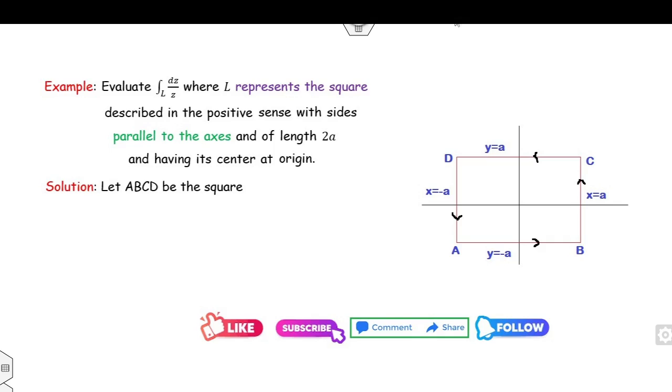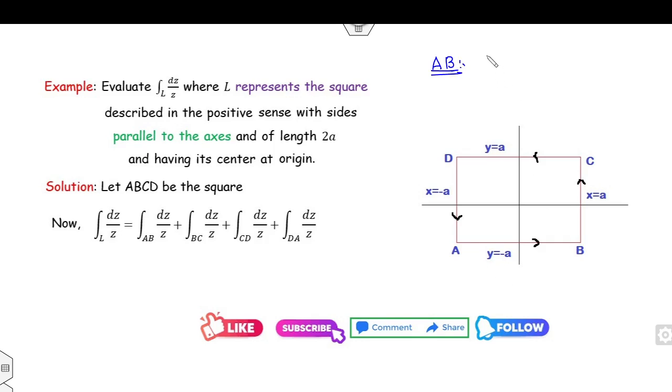Then your target is to evaluate this integration over the curve length L. So clearly I can write this curve from A to B, then B to C, then C to D, and then D to A. Fine. So can you write the equation of AB?